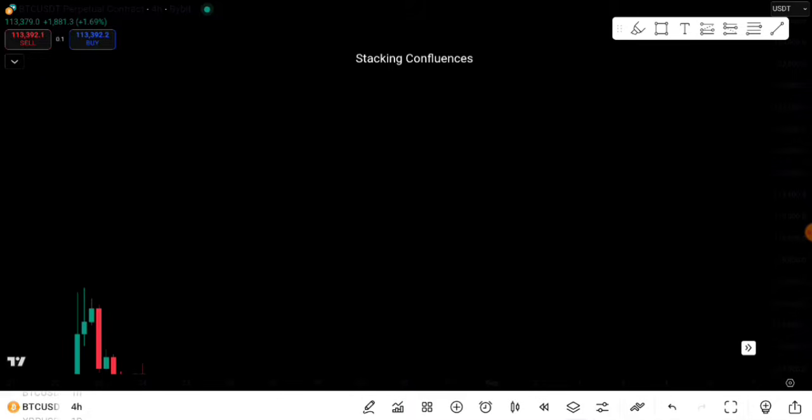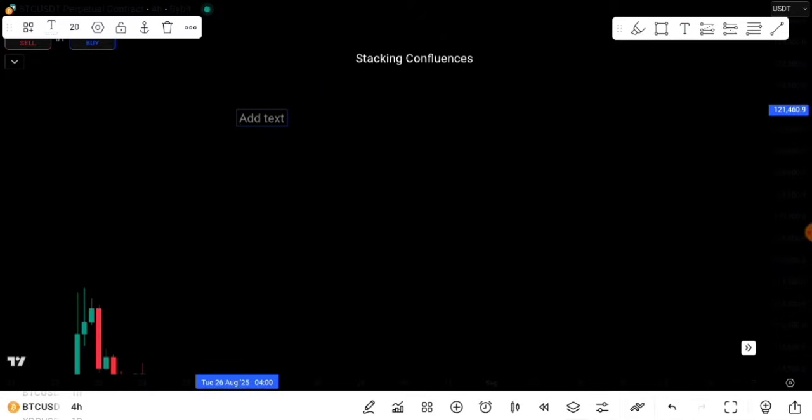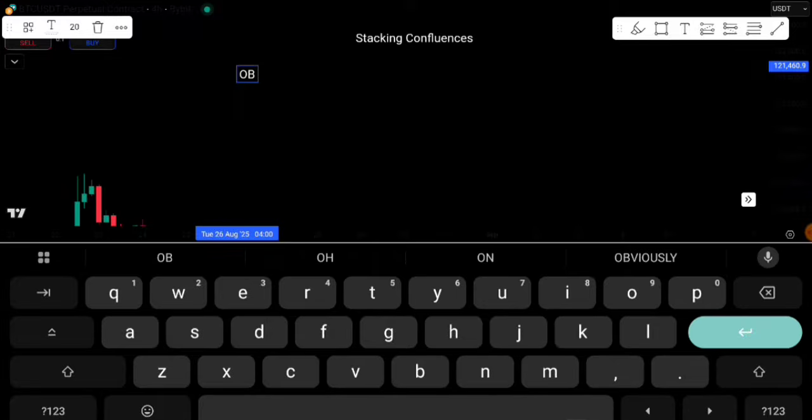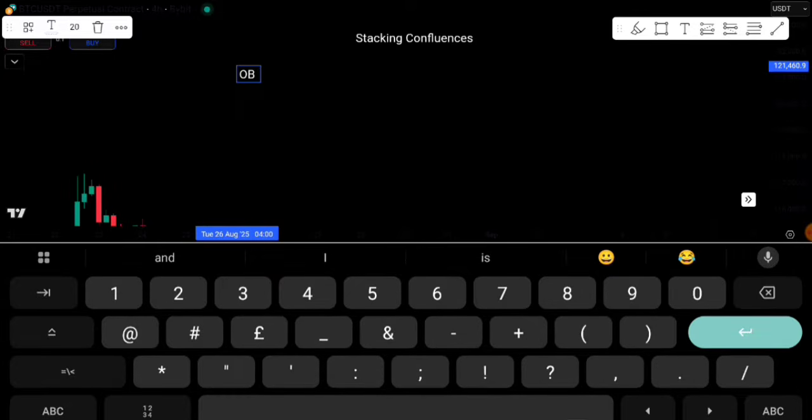I've talked about different ones. Let me just type all the confluences we can use. We've talked about OB, where you have order block plus fair value gaps.